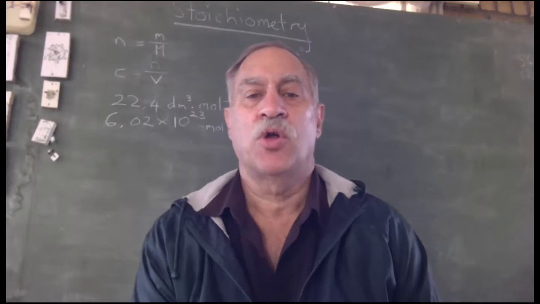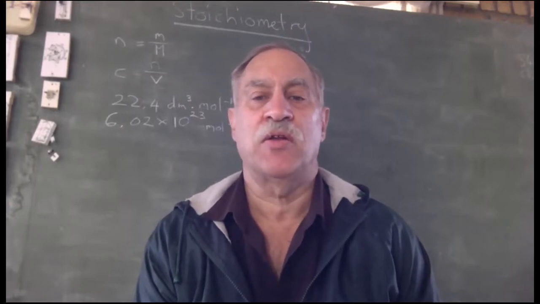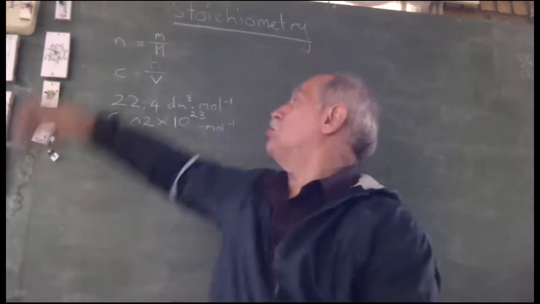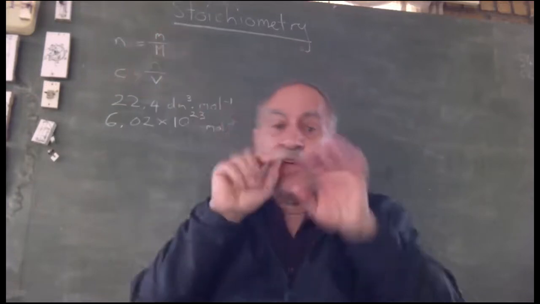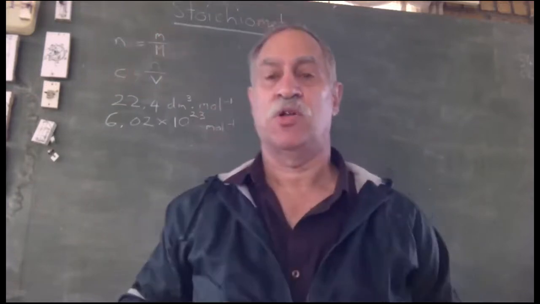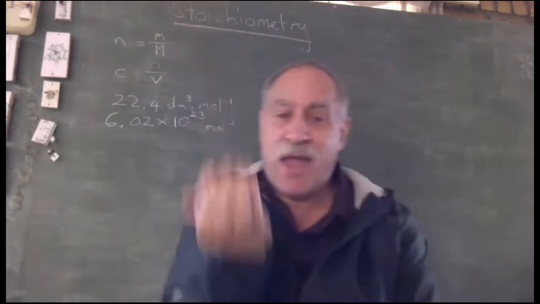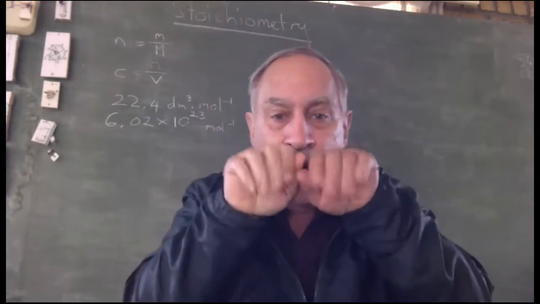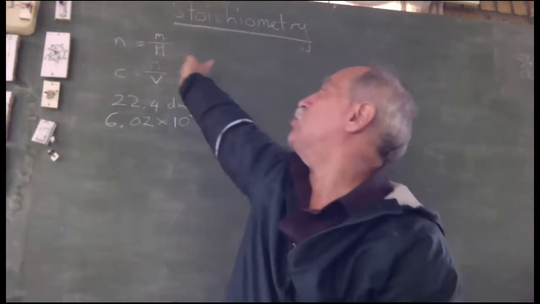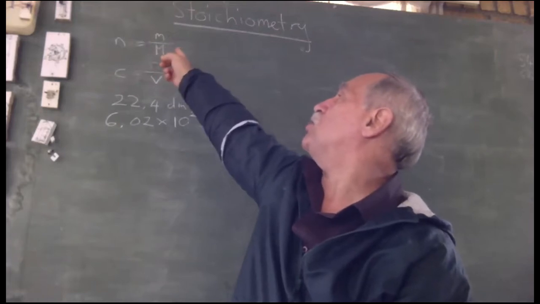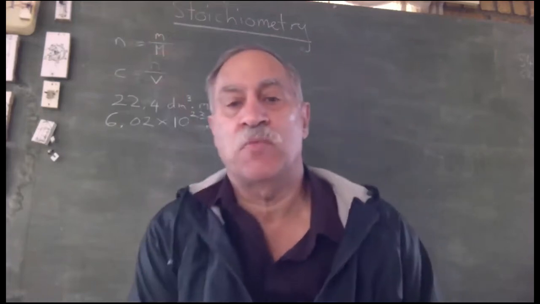So last time we talked about the concept of number of moles. Here's the symbol for moles. We do a little mole sign, equals mass over molar mass. So we talked about moles being the mass over the molar mass. So what is the molar mass?